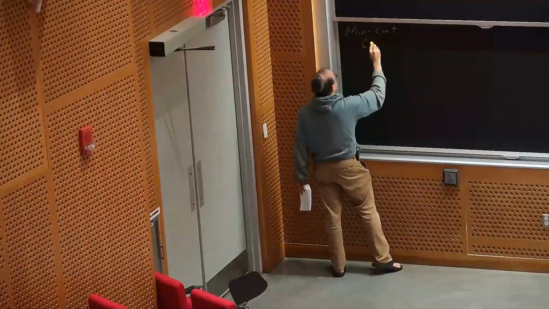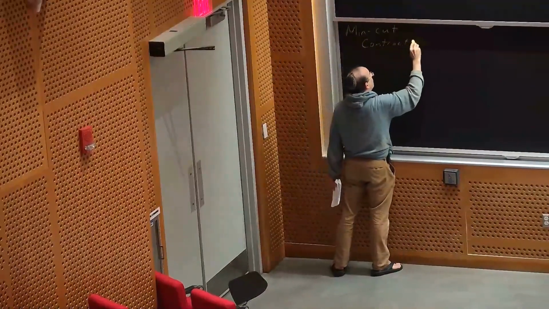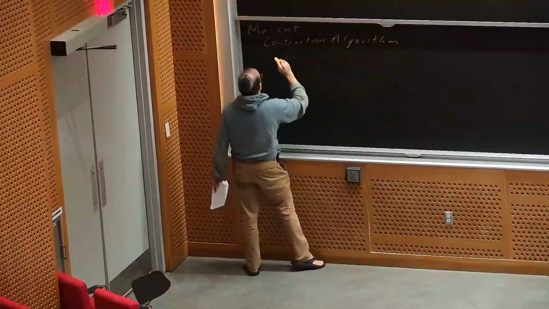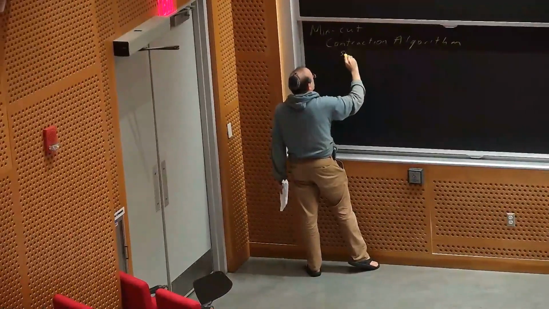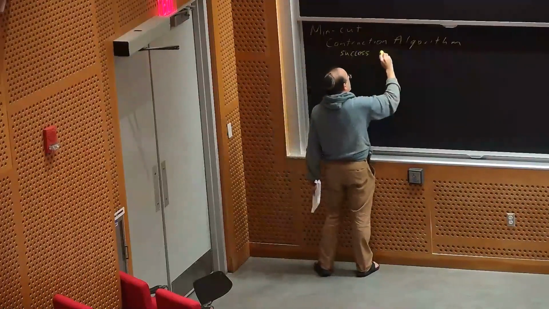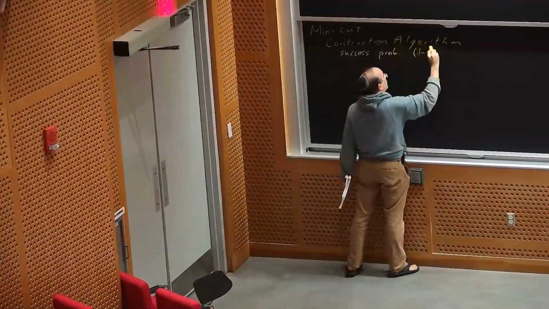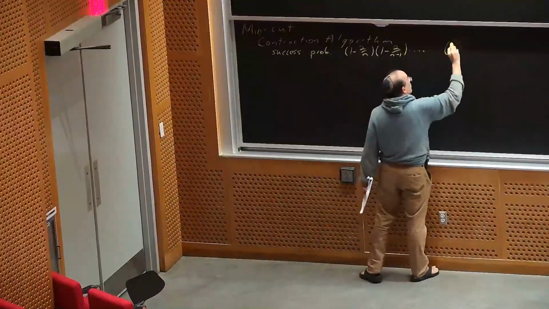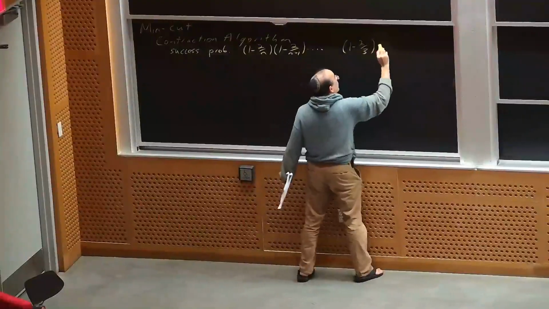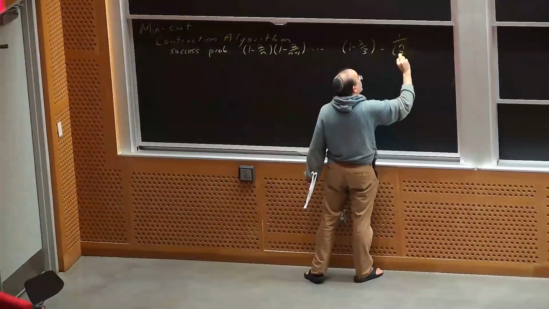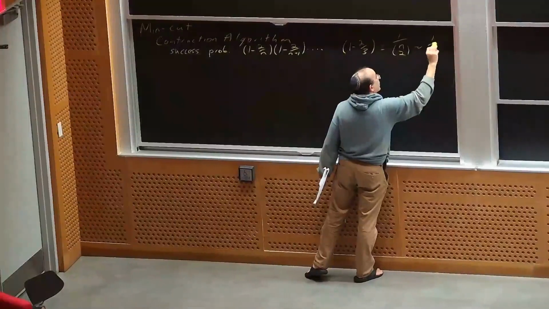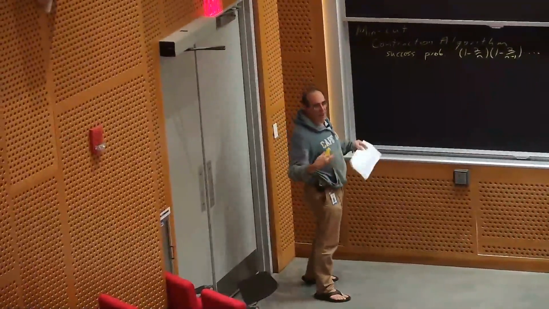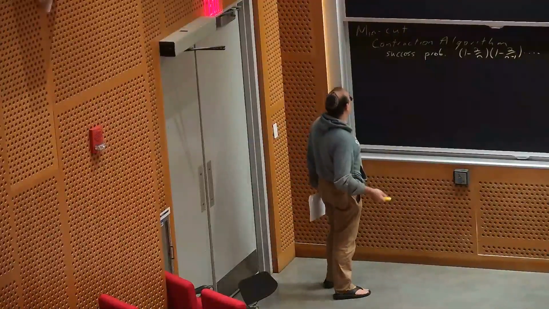And we went deeper into the contraction algorithm, which is this randomized process that has a success probability of this large product, which telescopes out to be 1 over n choose 2, or approximately 1 over n squared, but takes linear or quadratic time, m or n squared time, to run.